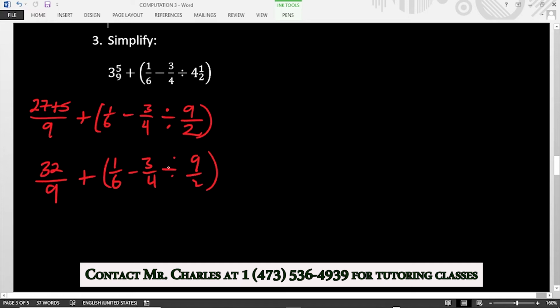And even inside the bracket, we have to do division first, because according to the law of BODMAS, division comes before subtraction.